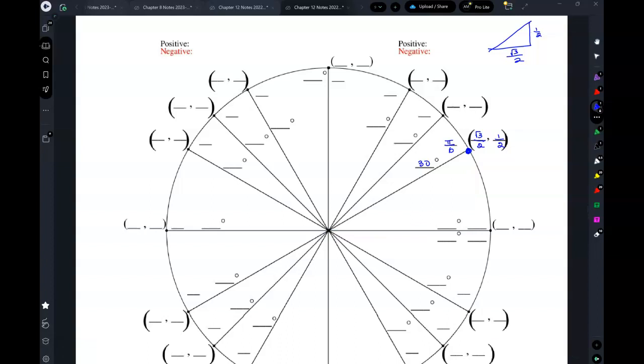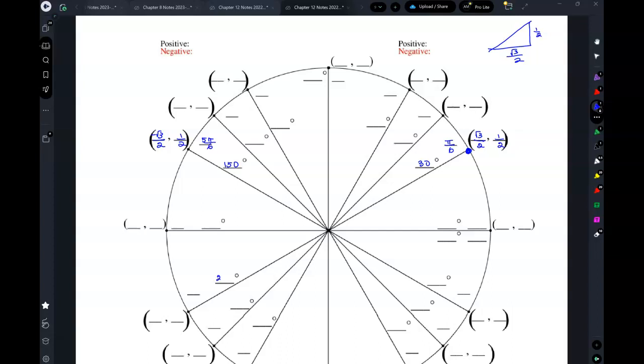Now, let's go to its corresponding point here. This is 150 degrees. How much is it in radians? Not pi/6, but how much? 5 pi/6. Here too, I have to go horizontally longer and up shorter. So I go negative √3/2 and up 1/2.